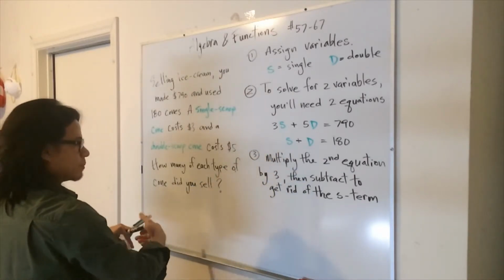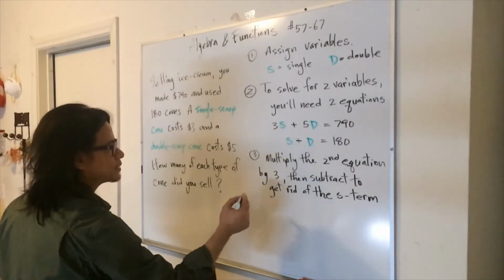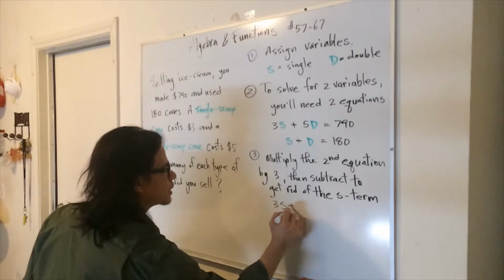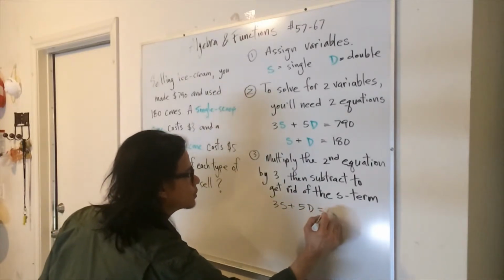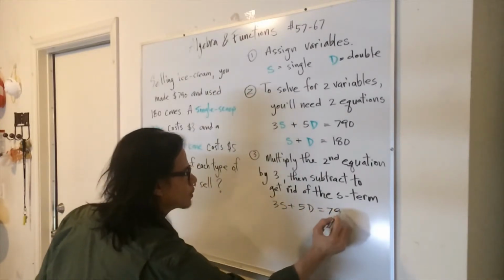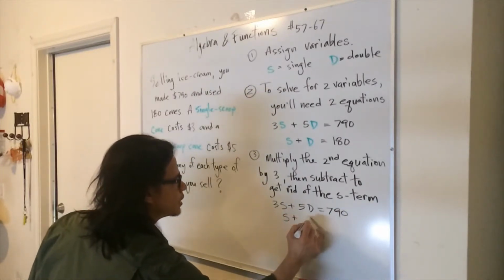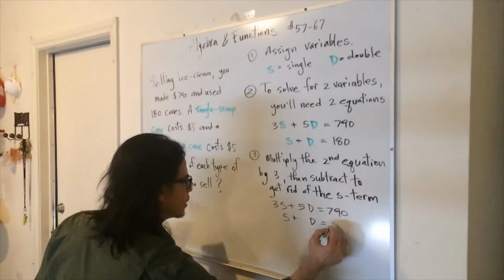Okay, so I'm just going to rewrite this as 3s plus 5d equals 790, and s plus d equals 180.